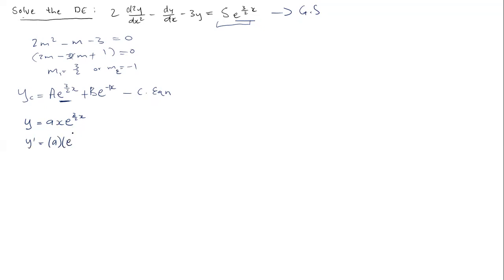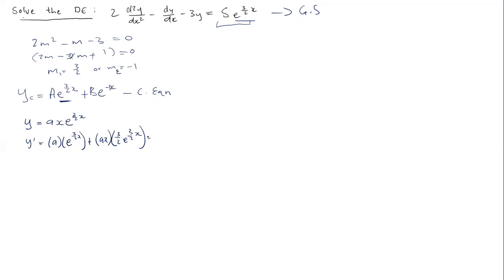I'm going to have e to the power of 3 over 2 multiplied by x plus, now I'm going to keep this one the same and differentiate this one, which will give me 3 over 2 e to the power of 3 over 2 multiplied by x, close my bracket.